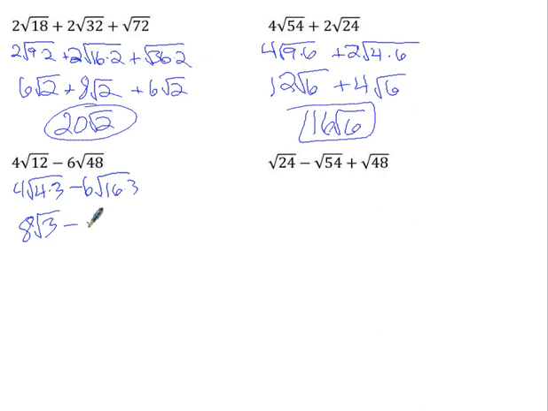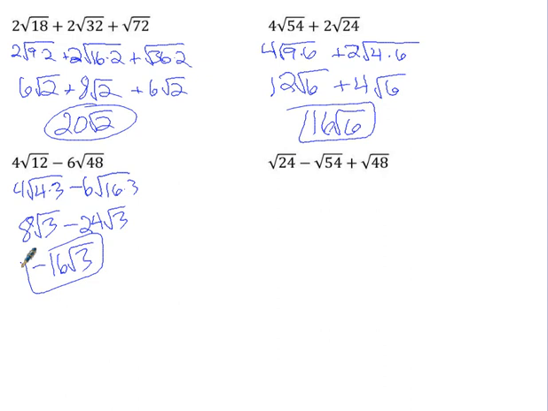And now we have minus, the square root of 16 is 4. 4 times 6 is 24 square root 3. Yep, so now you do 8 minus 24, which is negative 16 square root 3, and you're done.